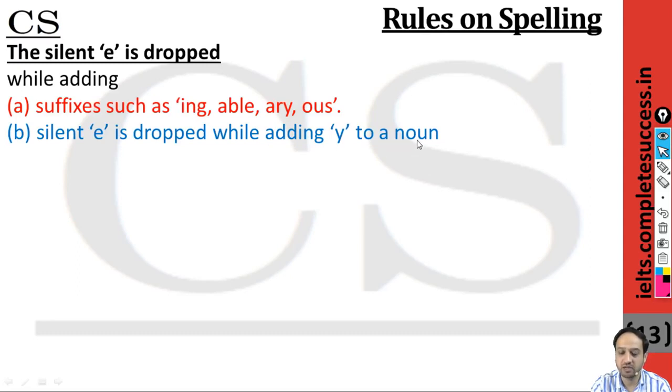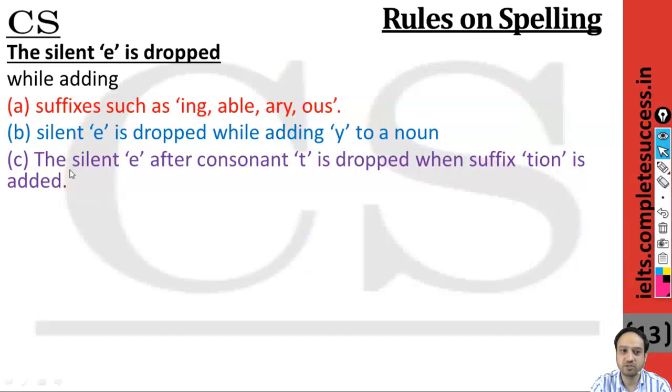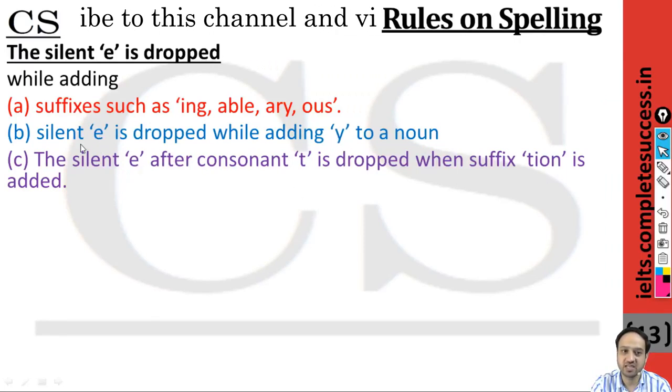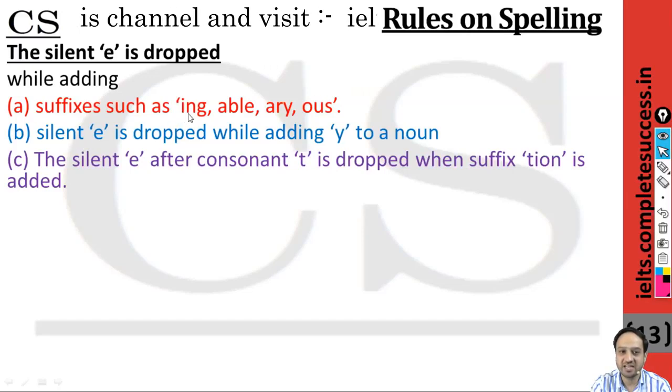The silent e after consonant t is dropped when the suffix tion is added. So when we add tion, we drop the silent e; when we add y to a noun, we drop the silent e; or when we add ing, able, ary, and ous, we again drop the silent e.